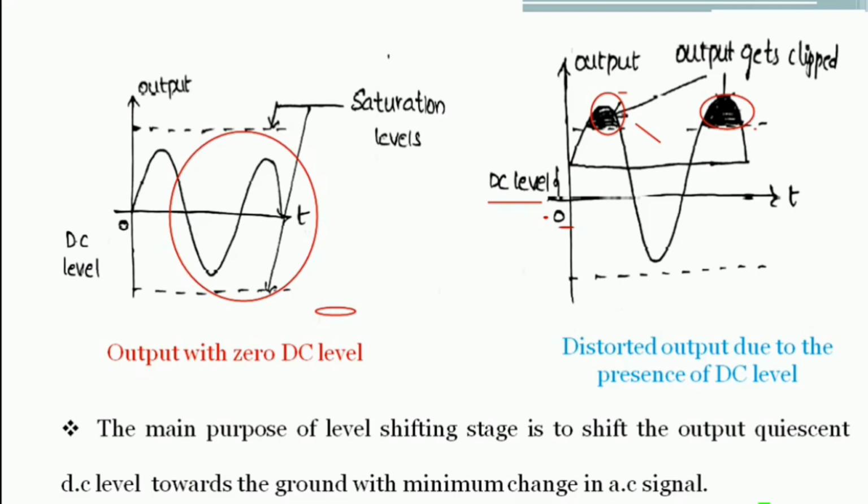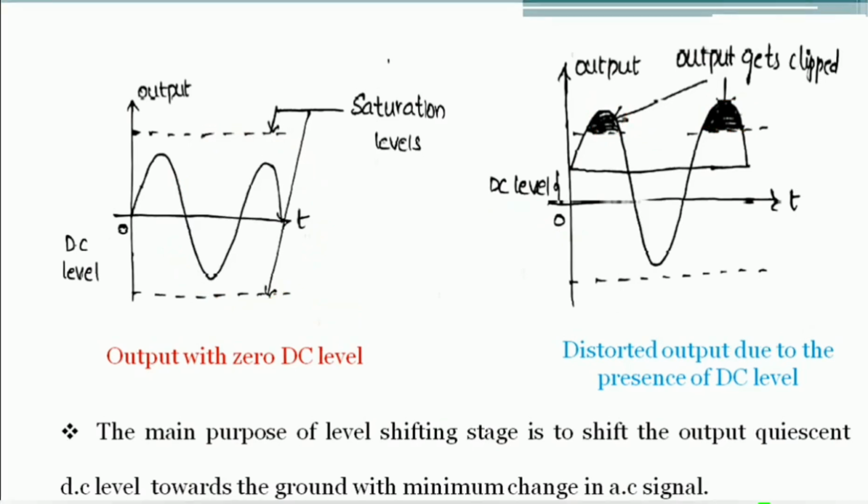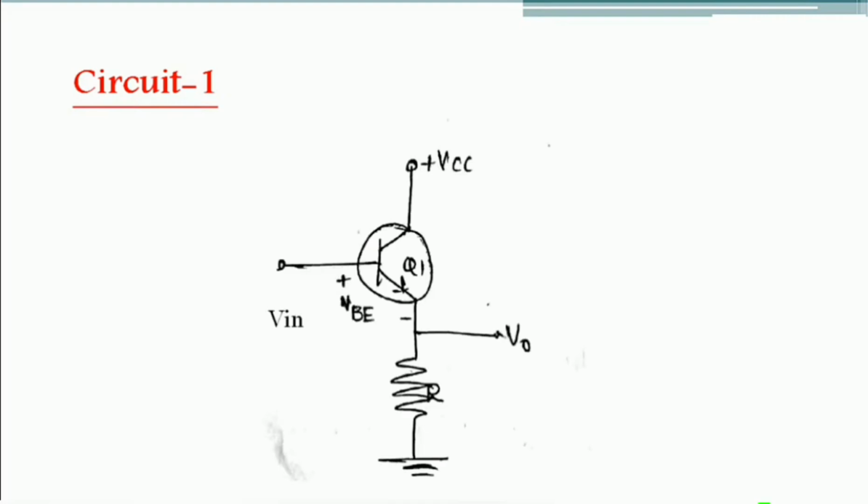Now we will see what circuits are involved in order to bring down the DC level without change in the AC signal, the circuits that are used in the level shifting stage. Consider the first circuit. This is the basic model circuit that is used.